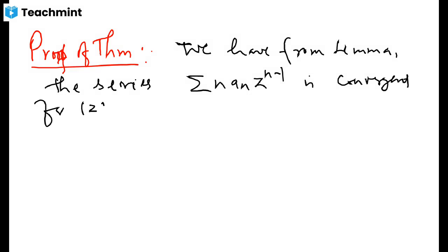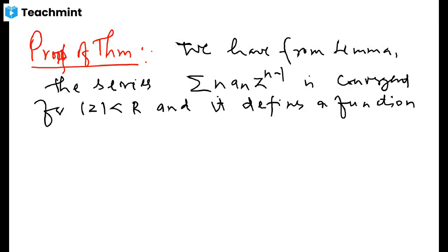for mod z less than R, and so it defines a function, and I'm going to denote this function by g(z). It defines the function sum of n a_n z to the power n minus 1, and you can take n from 1 to infinity.